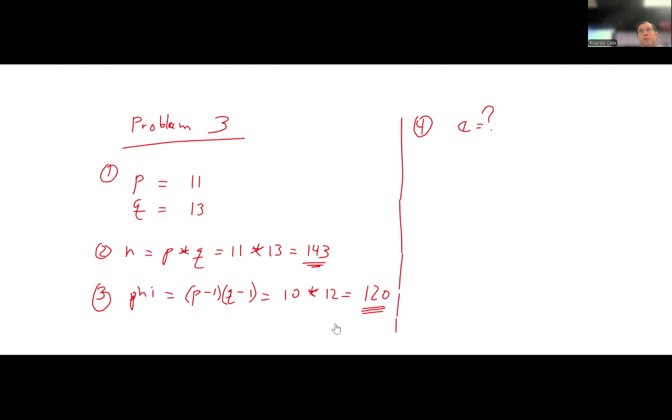We need to select E such that E is, let's say, just keep it between 3 and, what is it? Phi, right? So that's 120.